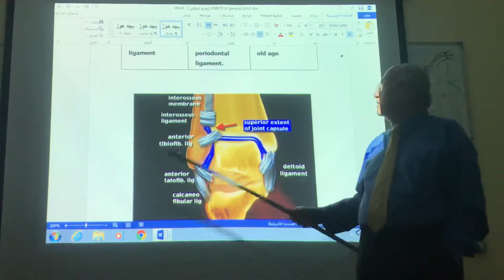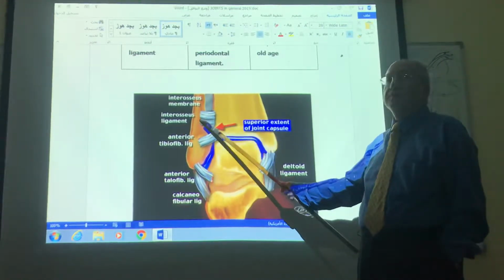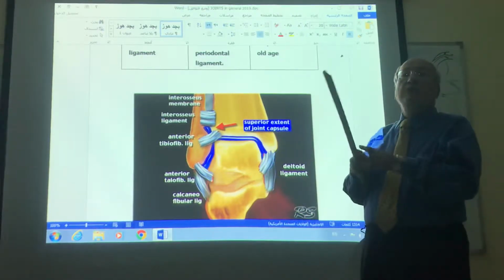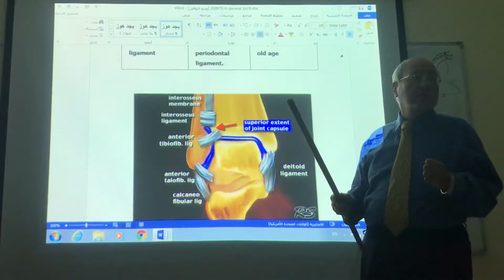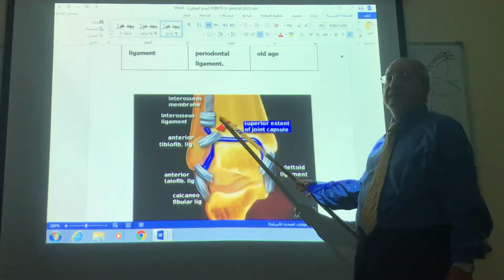Why do I call this joint inferior tibio-fibular? Because the upper part of tibia articulates with the upper part of fibula to form the superior tibio-fibular joint. Therefore, this is the inferior tibio-fibular joint.